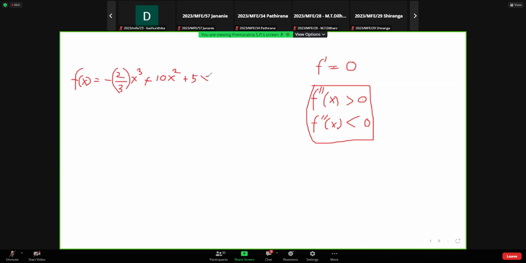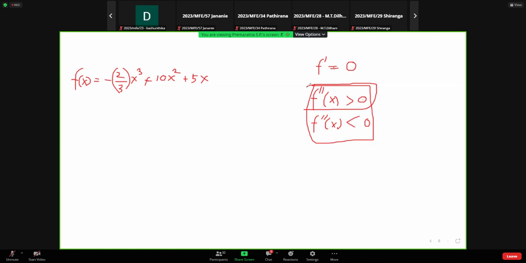Now what we have to do is differentiate this equation twice and try to get a sketch of the curve and identify the convex and concave parts, because this has both properties. So first we have to do this exercise, differentiate twice.